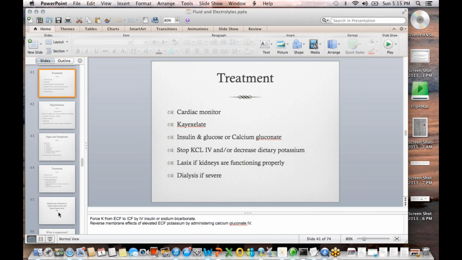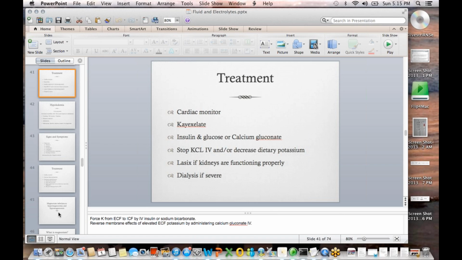And then treatment. So you want to bind the potassium. You're going to give them Kayexalate. The number one thing you're going to look for after that is for them to have a bowel movement, because it binds the potassium, and then they excrete it through the feces. Cardiac monitor. You can also do a temporary reversal. We talked about the potassium hydrogen ion exchange.